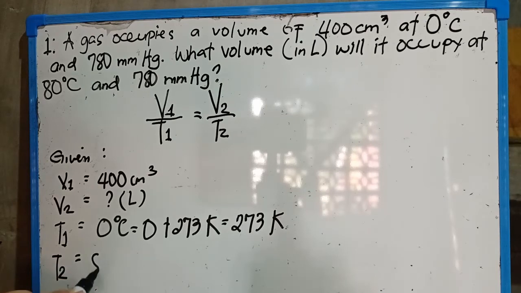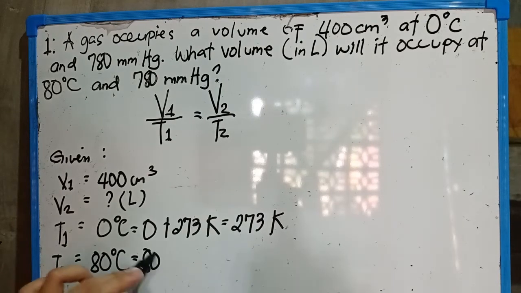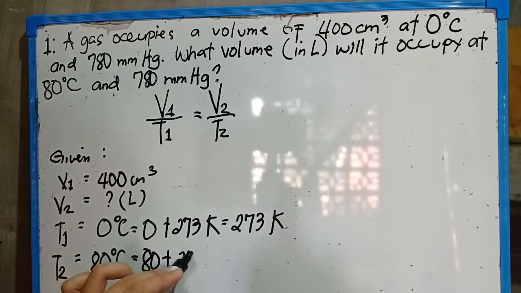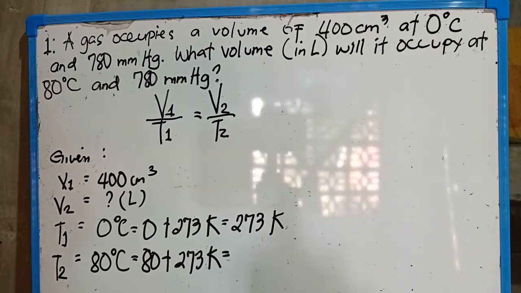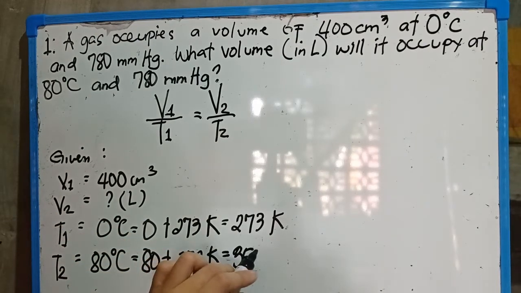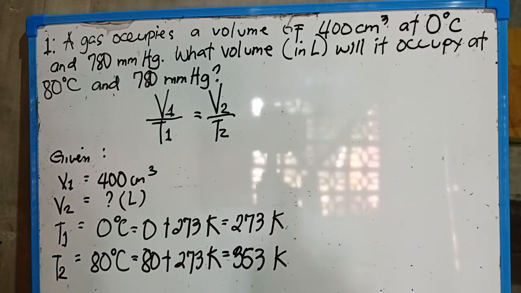So, 80 degrees Celsius is 80 plus 273 Kelvin, which is equivalent to 353 Kelvin. So now we have our initial temperature and also our final temperature. We can now solve for our volume.